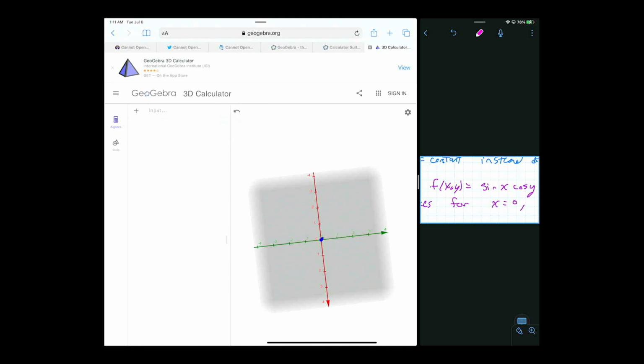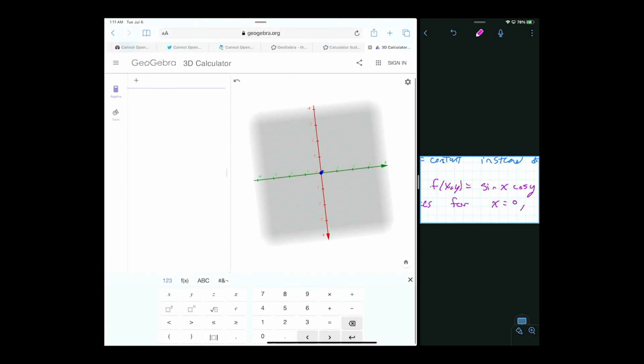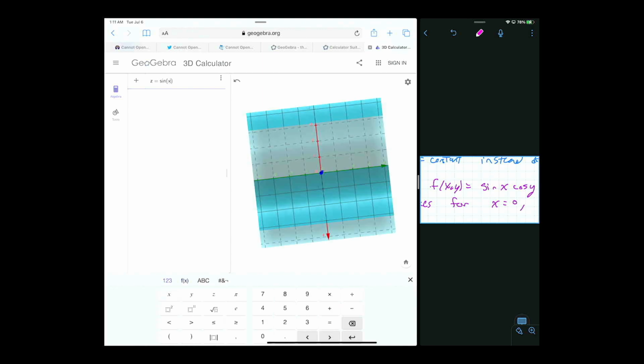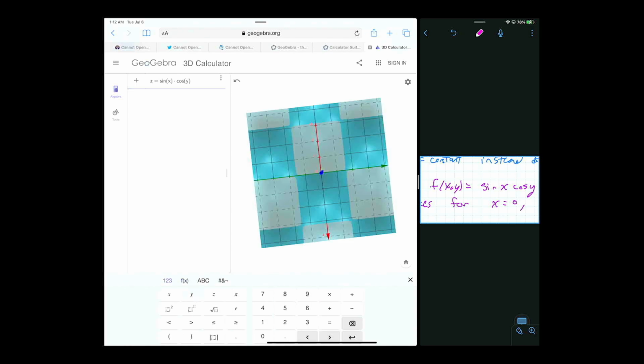Why? Delete tools. I need the calculator to scroll. Okay, so if I go z equals, functions, come on, sine x times cosine y.